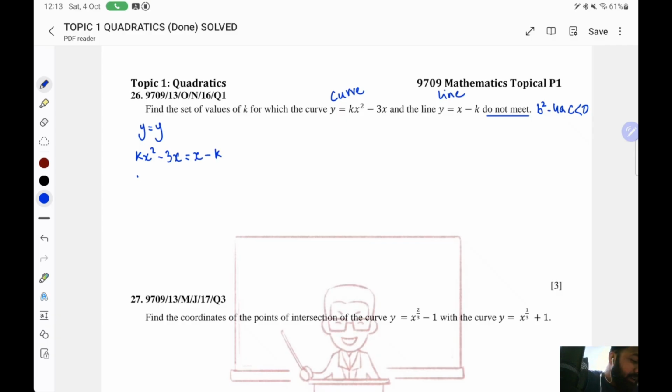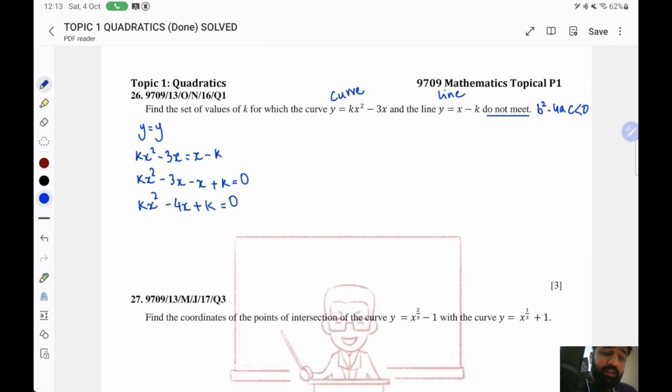Now we'll simplify the like terms. Minus 3x minus x plus k equals 0. So the equation that you will have will be kx square minus 4x plus k equals 0.